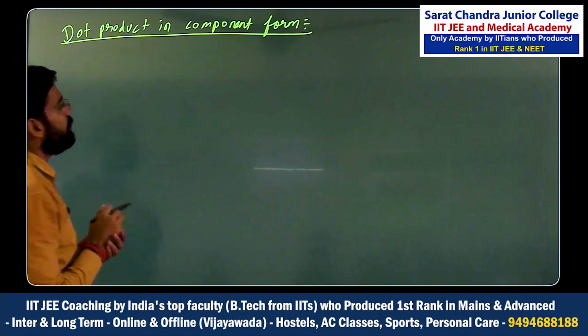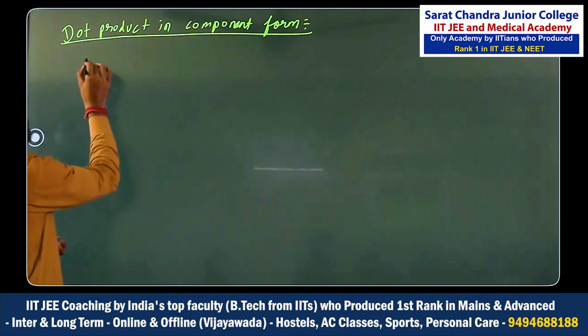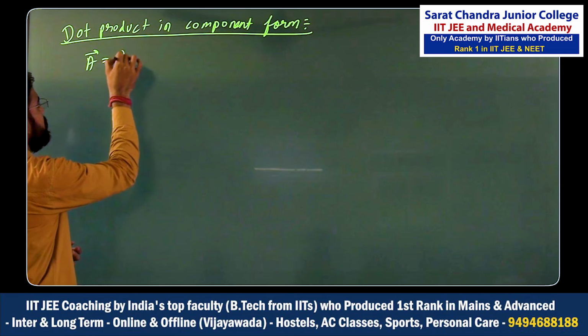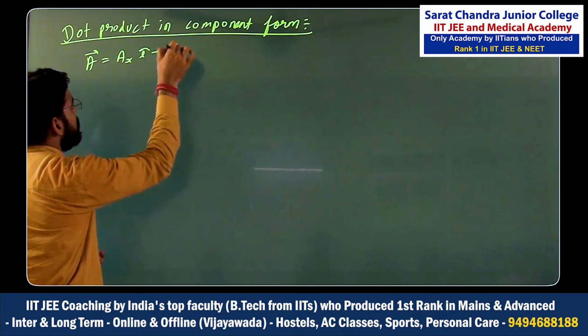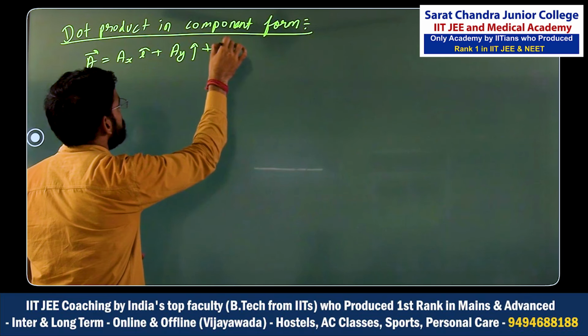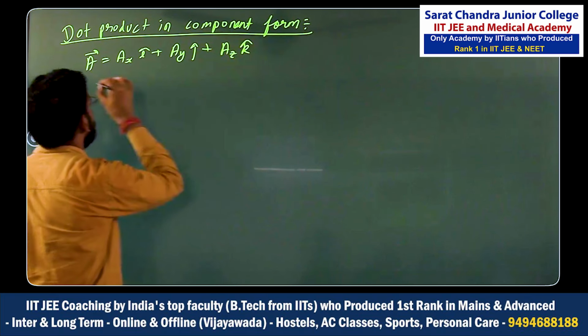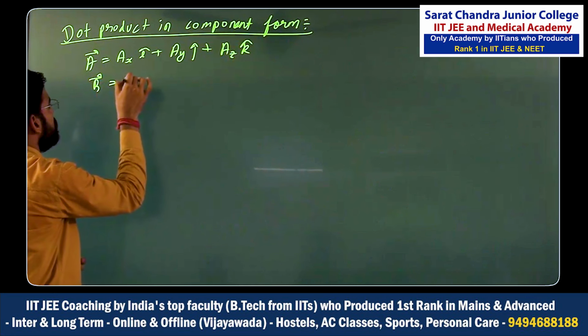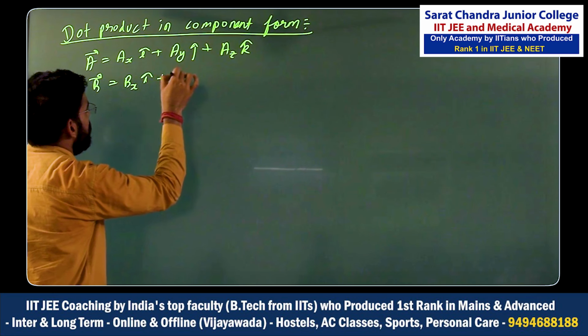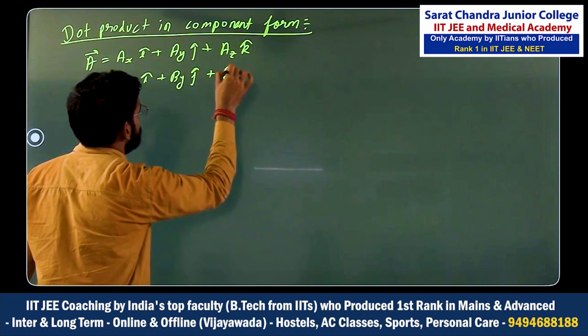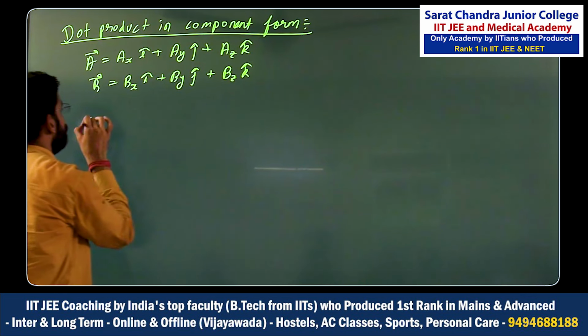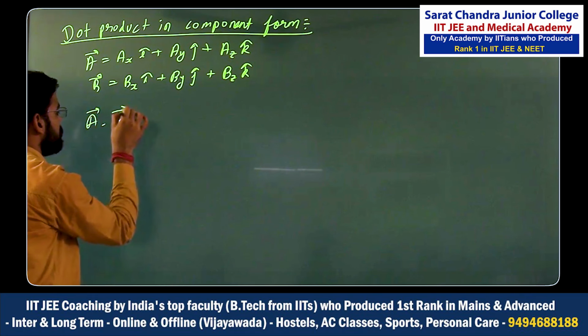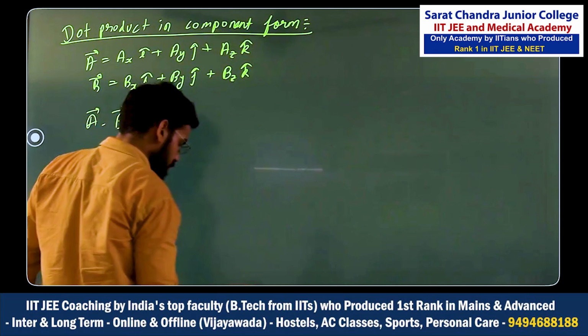Dot product in component form. Here we can say if A vector we are defining as AX I cap plus AY J cap plus AZ K cap, and B vector is BX I cap plus BY J cap plus BZ K cap. So if you do A vector dot B vector, dot product is nothing but product only, right?